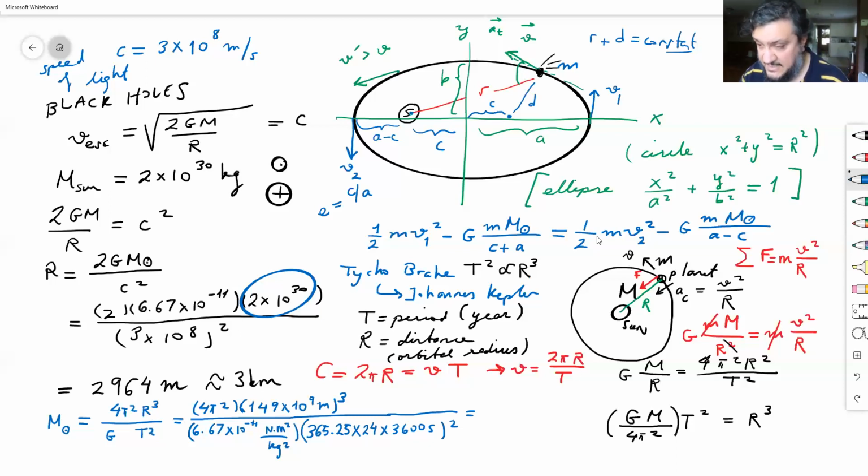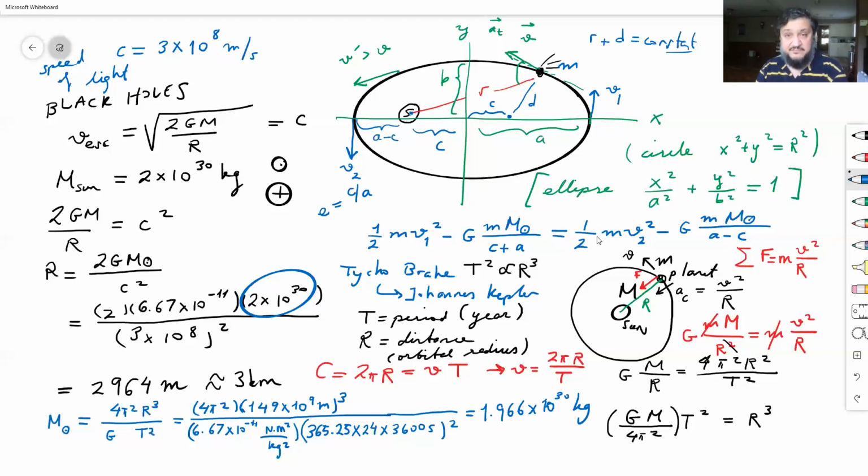We get 1.966 times 10 to the power 30 in kilograms. That's how we calculate the mass of the sun.